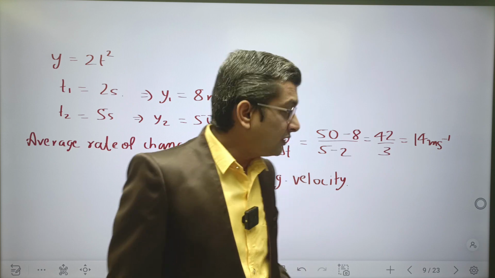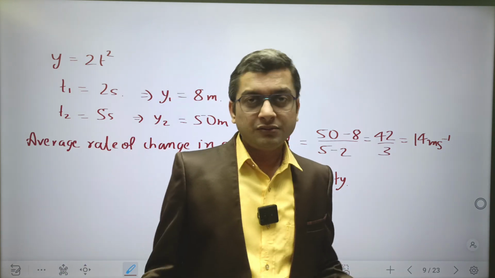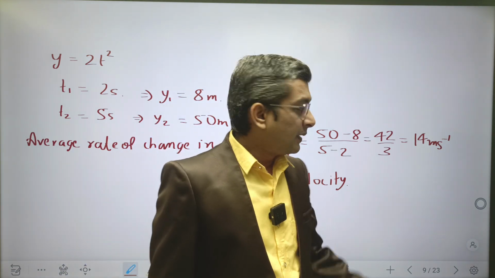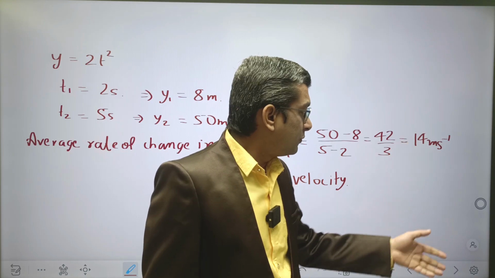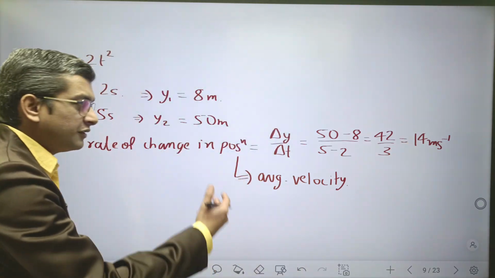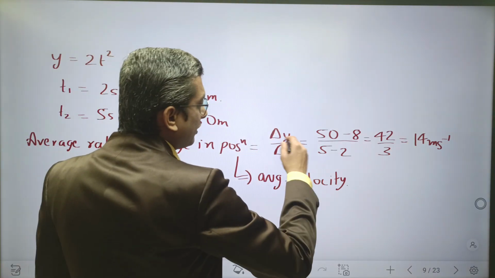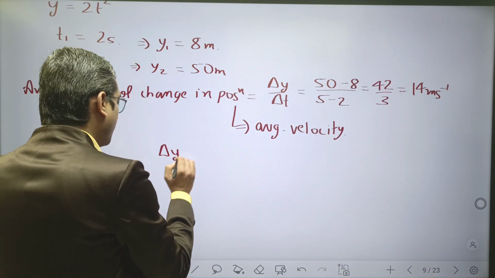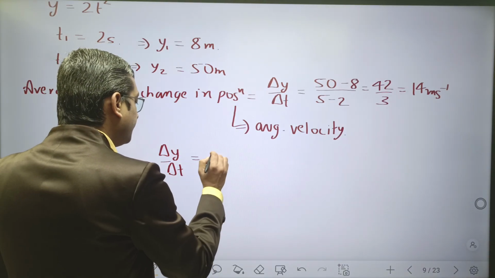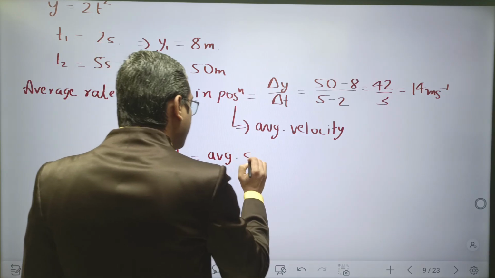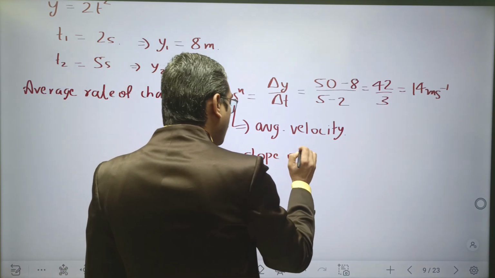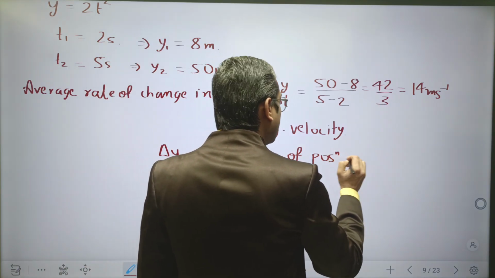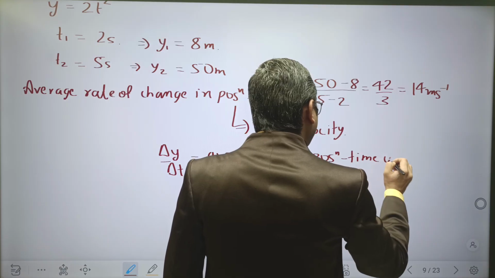Now you say that, sir, till now we don't have any idea about the slope. In this slide, what is delta y by delta t, dear students? If you observe carefully, this delta y by delta t is representing the average slope of position time curve. This is very important.